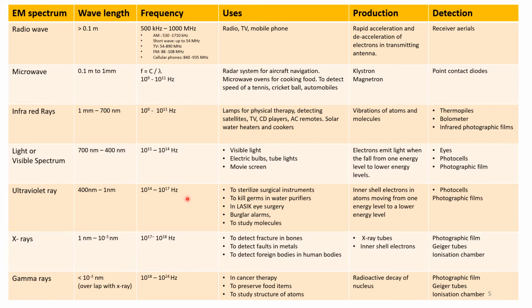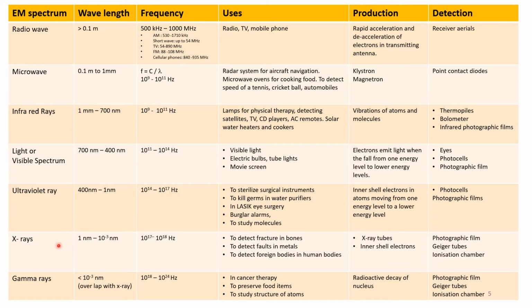Ultraviolet rays are used to sterilize surgical instruments, kill germs in water purifiers, that is the water purifiers which we are using at home, in LASIK eye surgery, burglar alarm and to study molecules. These are also produced by inner shell electrons moving from one energy level to a lower energy level. These are detected by photocells and photographic films.